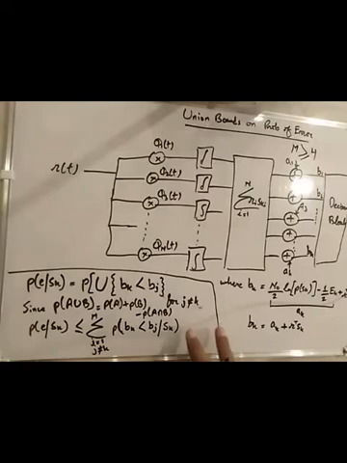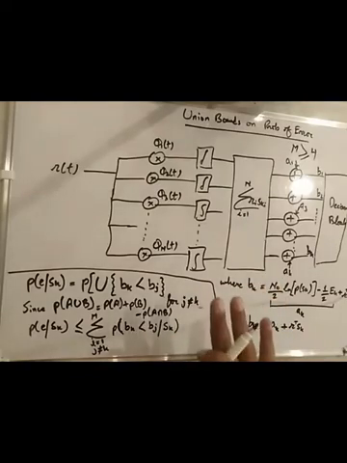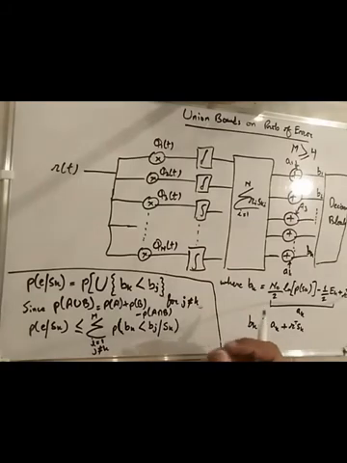That's why we say we have an approximation of the actual probability value. We don't have the exact probability of error computed from this analysis.